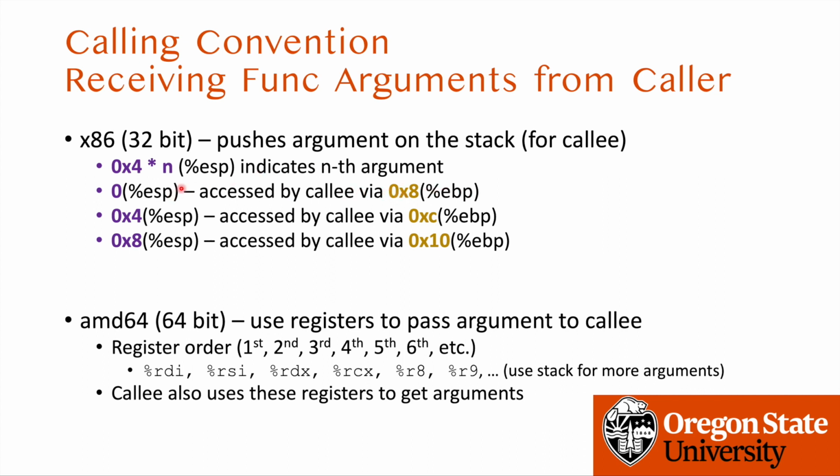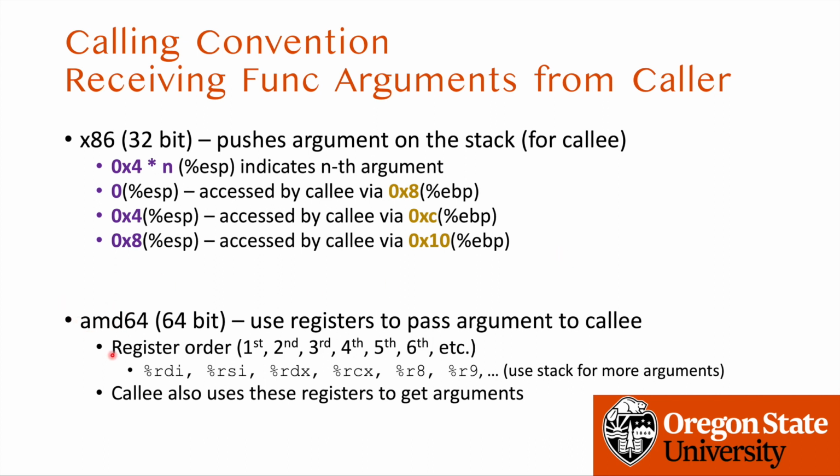We will see this ESP and EBP matching in the later part of the lecture, but please note that 0 over ESP means the first argument, 0x4 over ESP means the second argument, and 0x8 over ESP means the third argument passed to the callee. From the callee, we get its arguments from 0x8 over EBP as the first argument, 0xC, which is 12, as the second argument, and 0x10, 16, as the third argument.